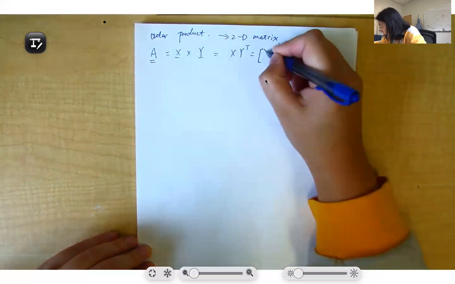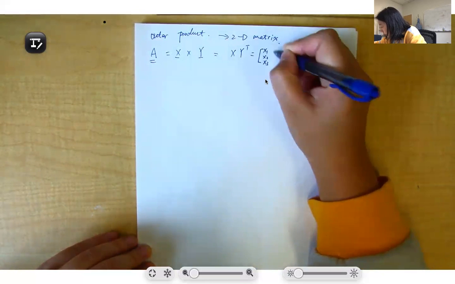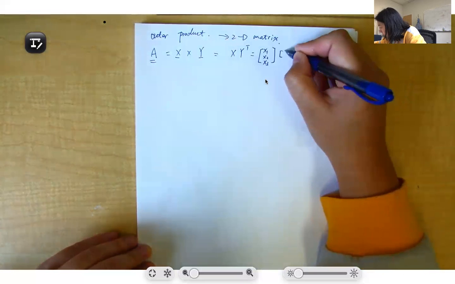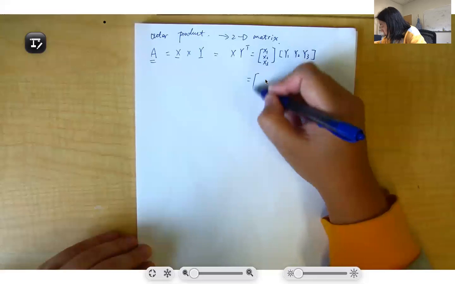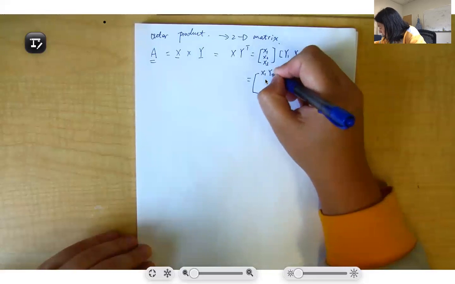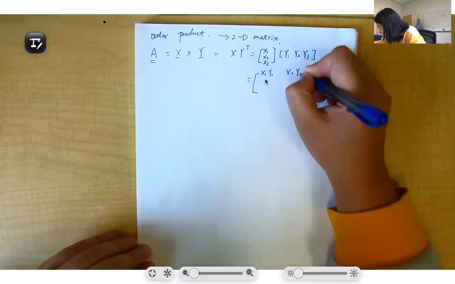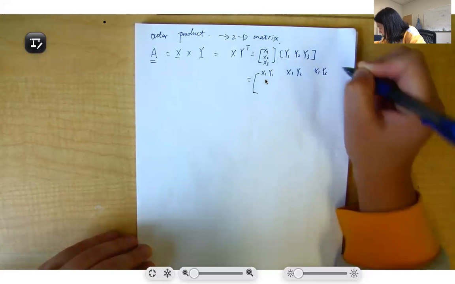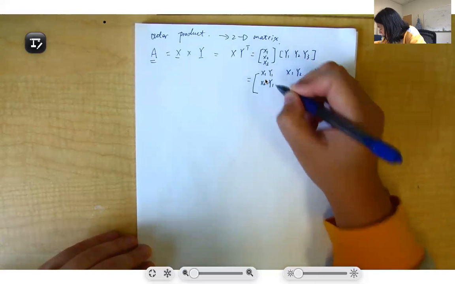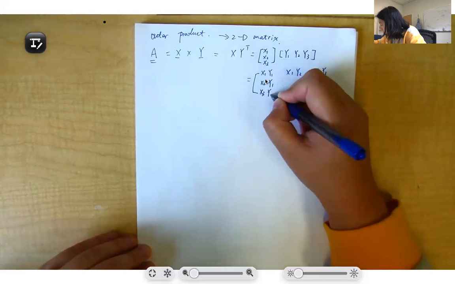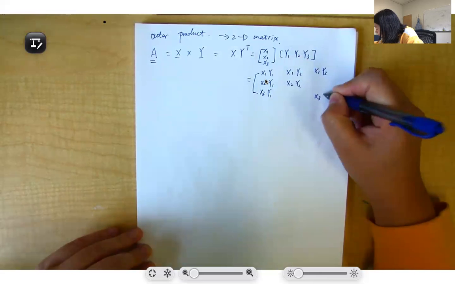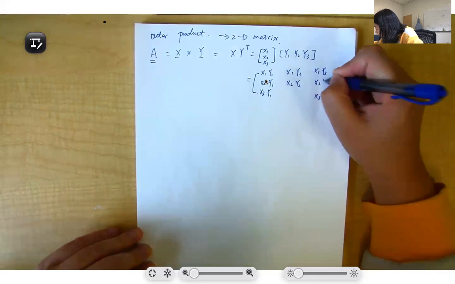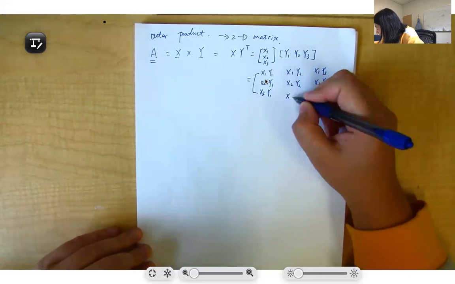Then you get x1, x2, x3 times y1, y2, y3. So the 2D matrix will be x1 y1, x1 y2, x1 y3, x2 y1, x3 y1, x2 y2, x3 y3, x2 y3, x3 y2.